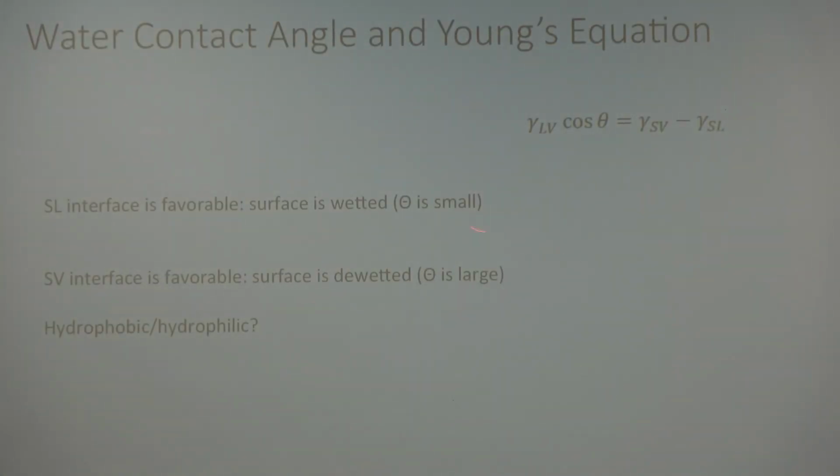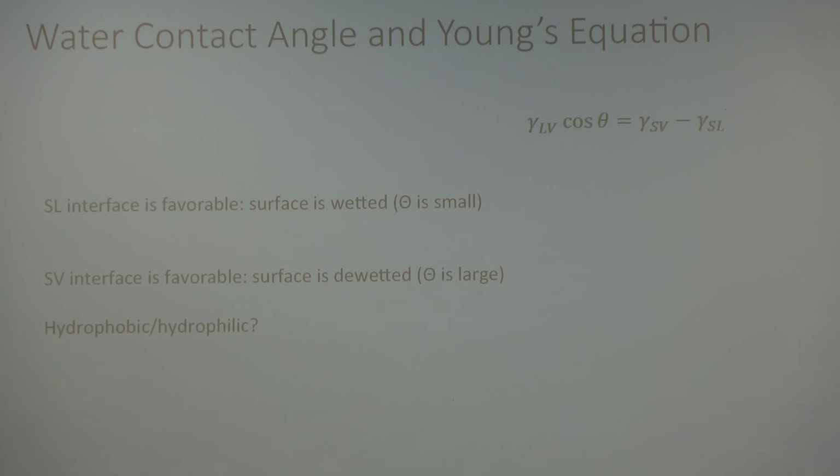Okay, so if you have a small theta, then the surface-liquid interface is favorable and the surface is wetted. It's more like acetone. Where if the surface-vapor interface is favorable, you have a larger theta. You're beading up more.